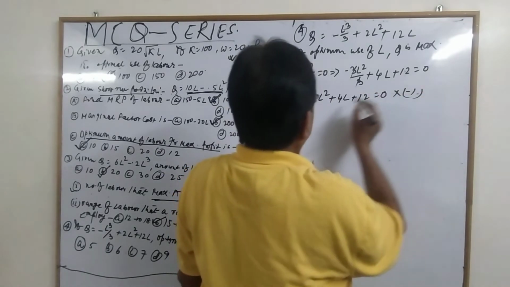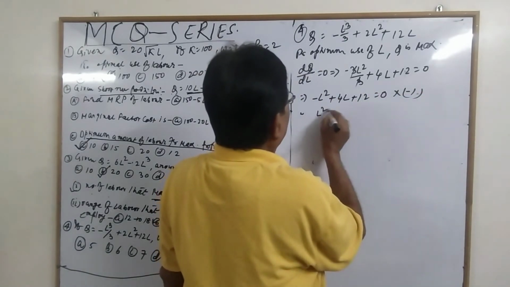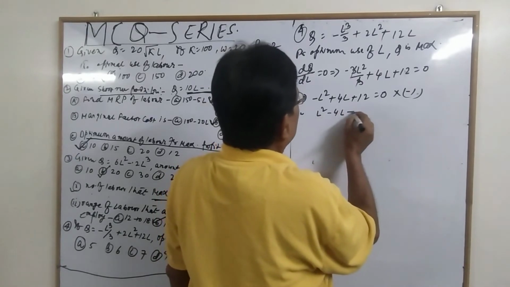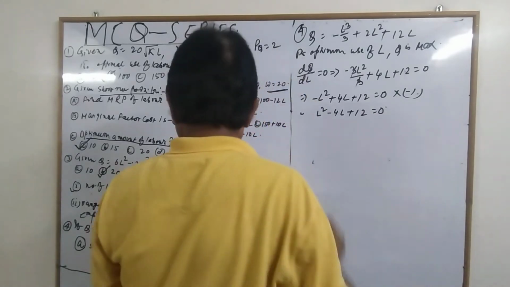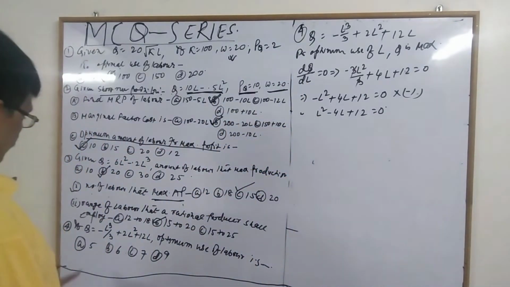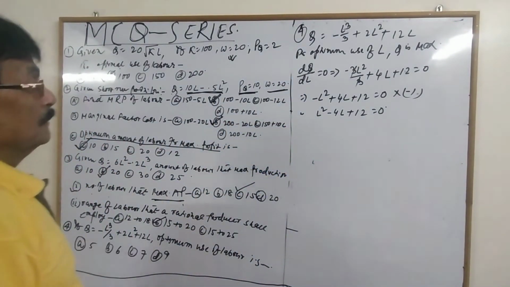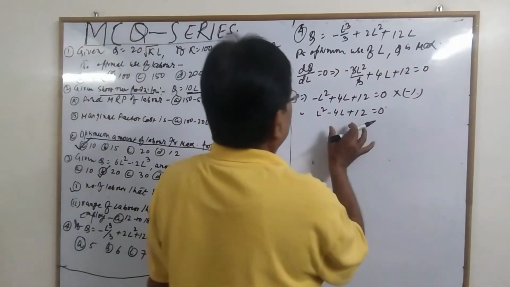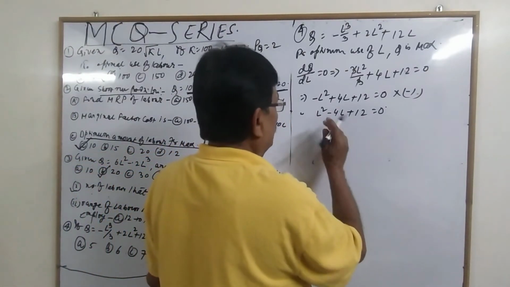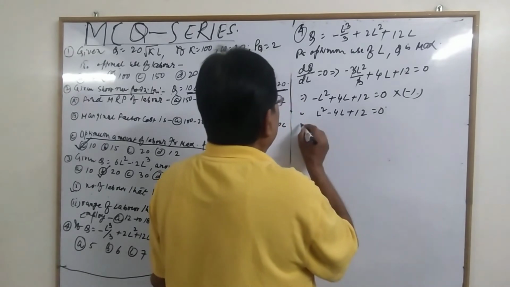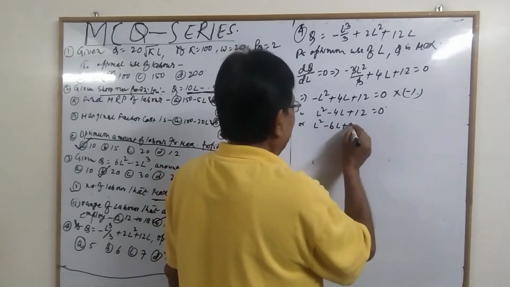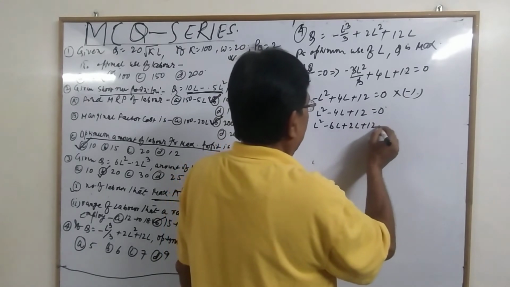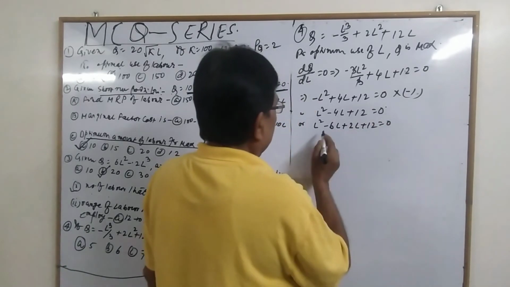Better to multiply with minus. So L square minus 4L minus 12 equals 0, and here we have to find the value of L, so this function needs to be factorized. So L square minus 6L plus 2L minus 12 equals 0.